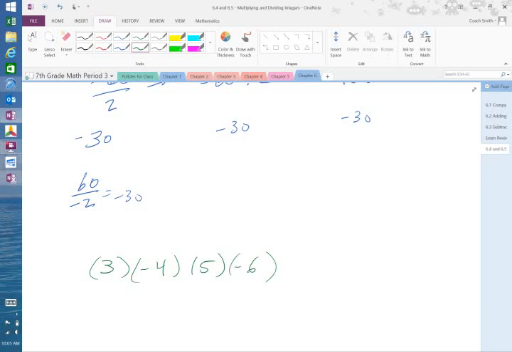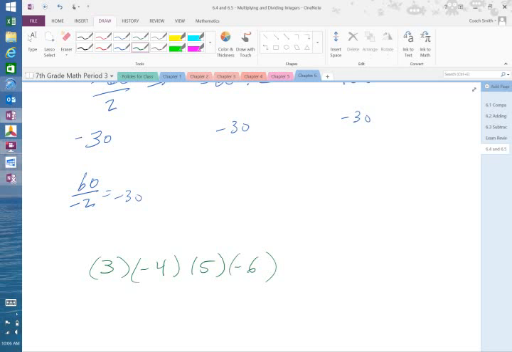Now, we can probably multiply this together fairly quickly, but I can't take 3 times 4 times 5 times 6 and do it all at once. I'm sure there are some mathematicians that could give you the answer a second later, and obviously they're not multiplying all the numbers at once, so you have to multiply them out. Now, the associative property says I can multiply those two together first, or I can multiply these two together first. It doesn't matter which ones I multiply together first, I will still get the same answer.